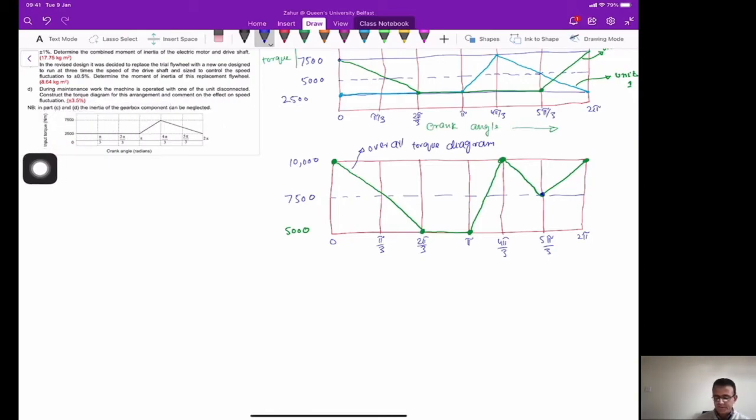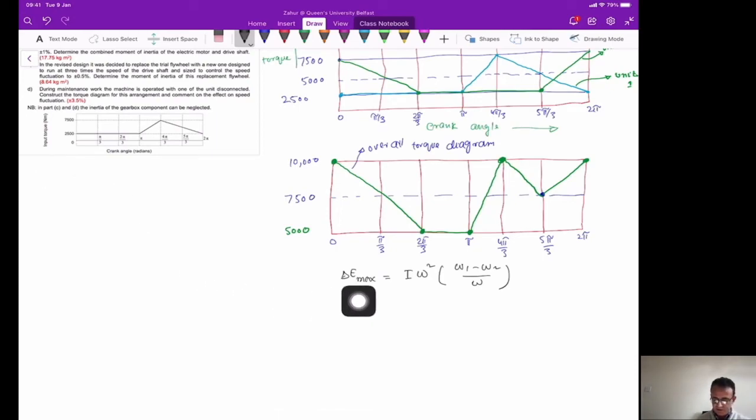To calculate the speed fluctuation, obviously you will need to use the same equation, that delta E maximum equals I omega square, omega 1 minus omega 2 divided by omega. So again we are using the same equation here. To use this equation, obviously you need to now calculate delta E maximum, and delta E maximum we can calculate from this new plot here.